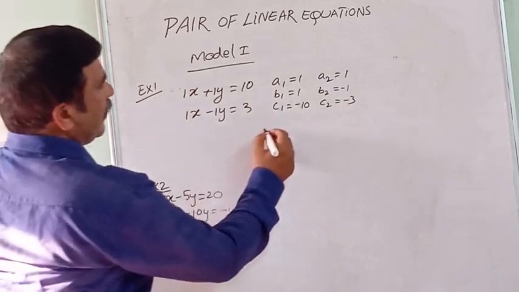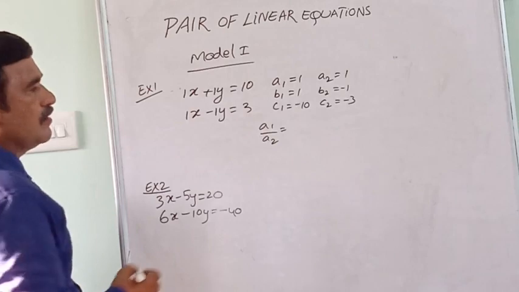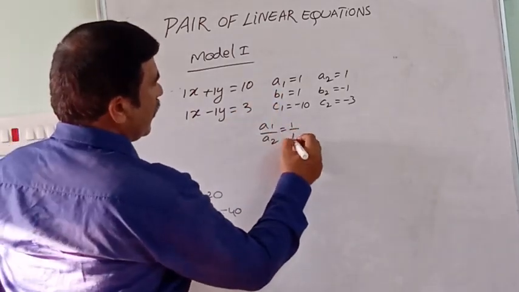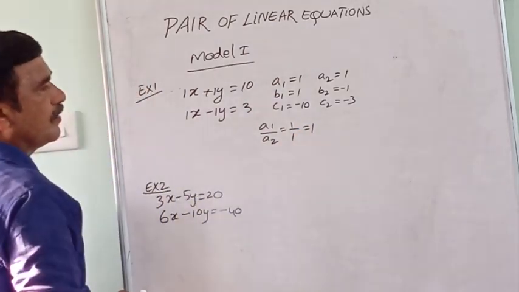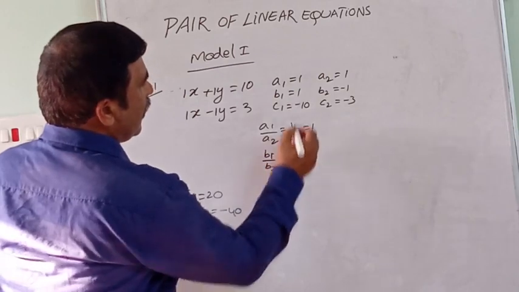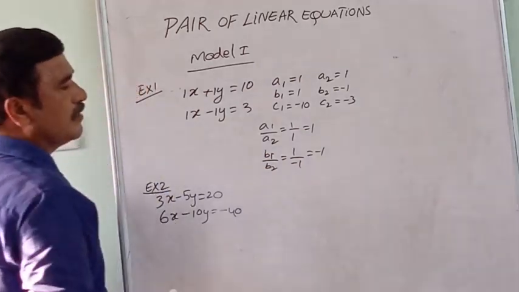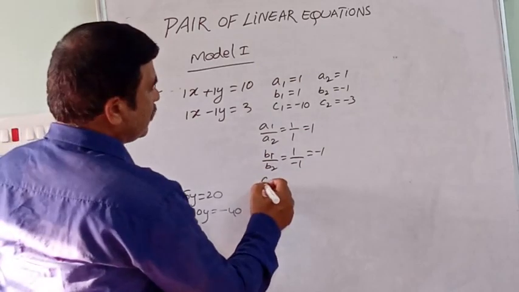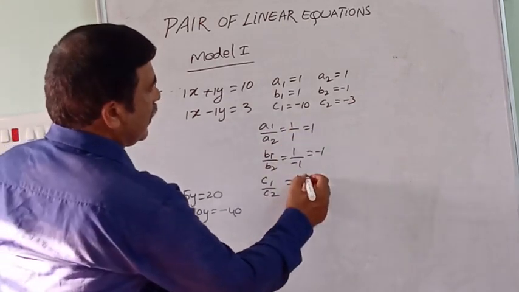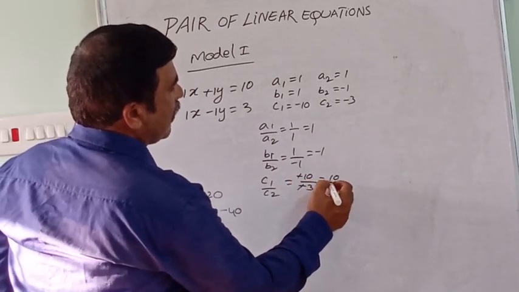Now check the a1 by a2 value, b1 by b2 value. a1 by a2 is 1 by 1, that is equal to 1. b1 by b2: b1 is 1, b2 is minus 1, therefore the answer is minus 1. c1 by c2: c1 is minus 10, c2 is minus 3, so it is 10 by 3.